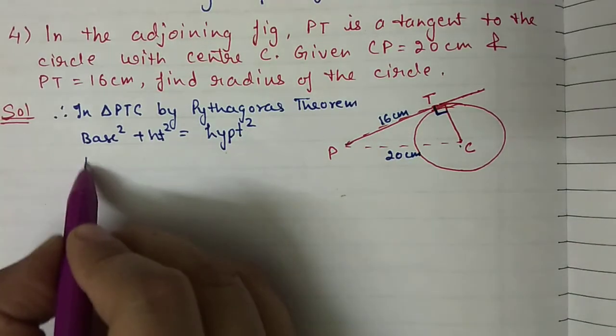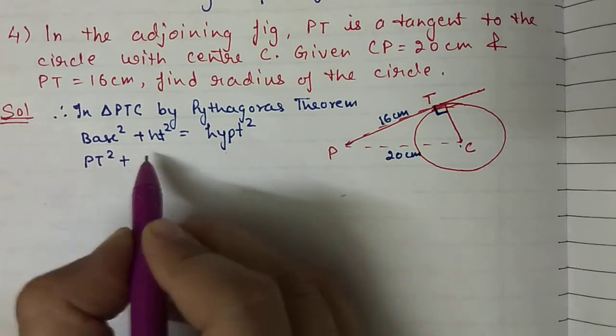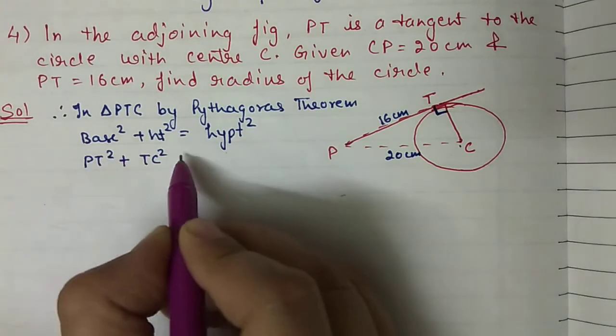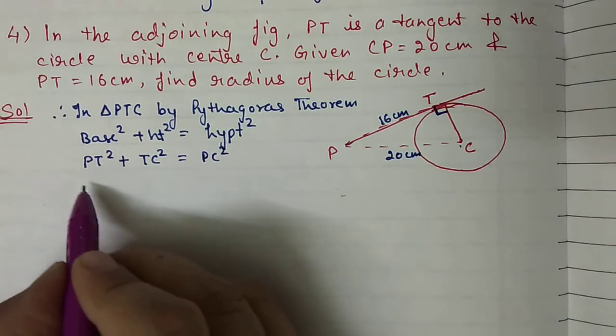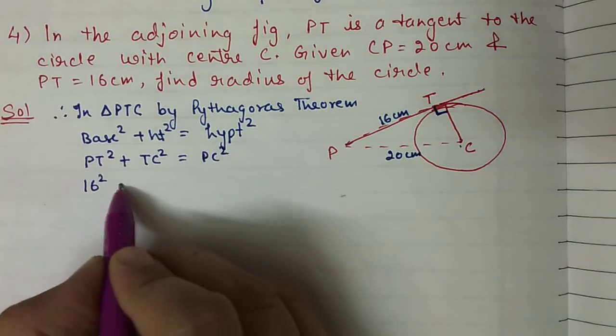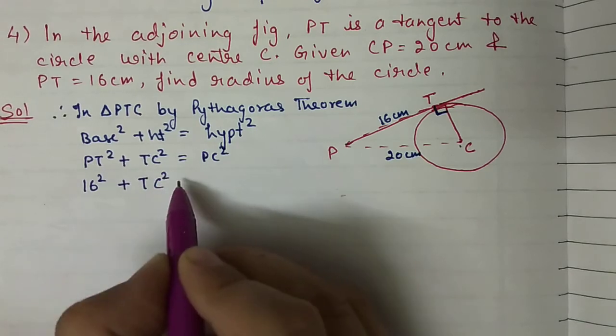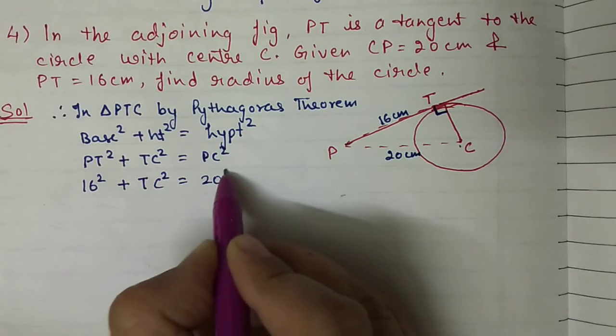Base we can take as PT, height we can take as TC, and hypotenuse PC. PT value is given 16. Then TC, the radius, we have to find out, and PC is given 20.